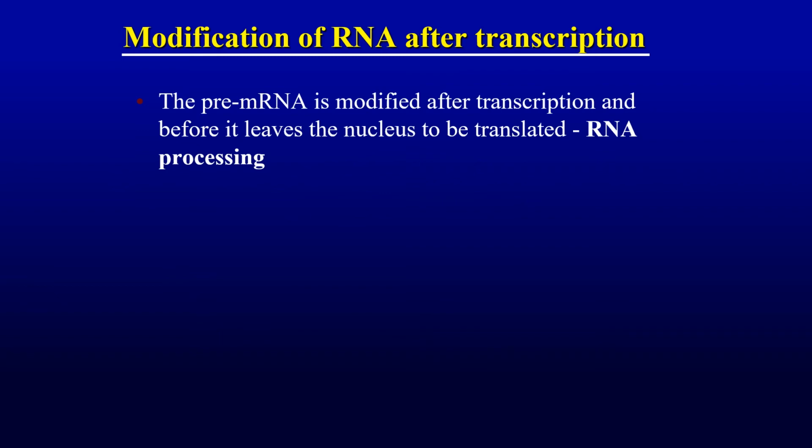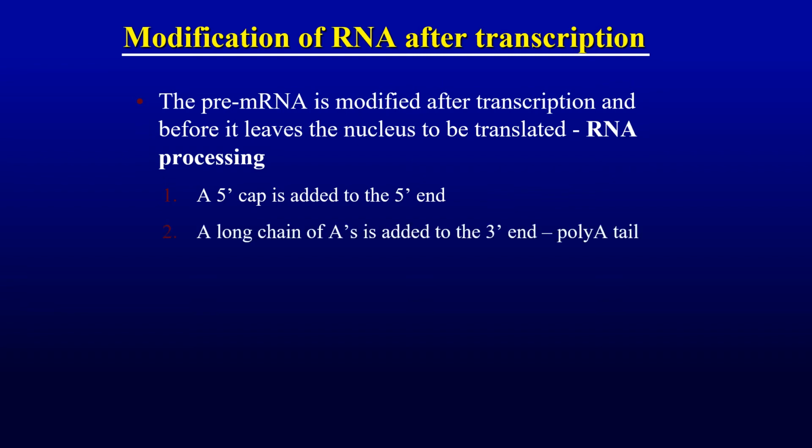Alright, so the pre-messenger RNA is modified after transcription, and before it leaves the nucleus to be translated, by a process called RNA processing. The first part of the RNA processing is to add what's known as a 5' cap to the 5' end of the messenger RNA.